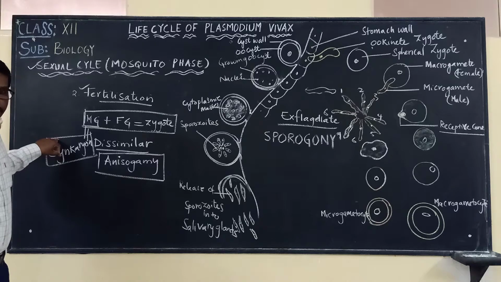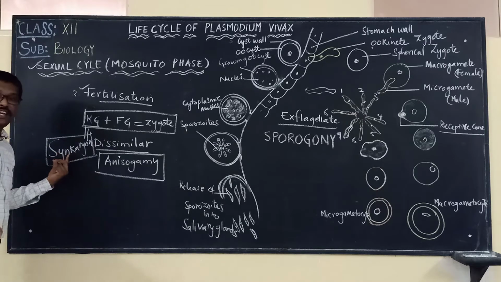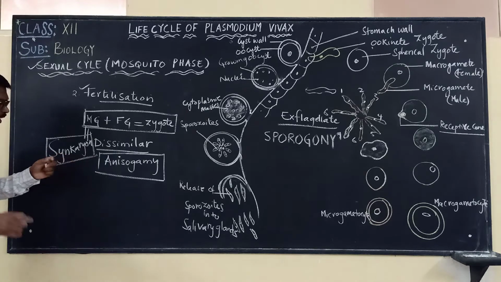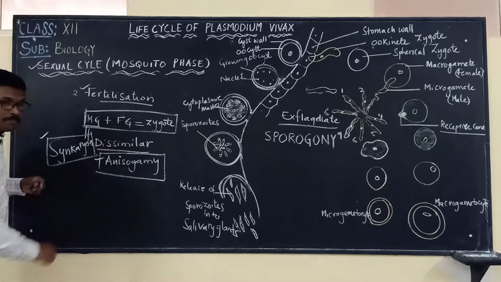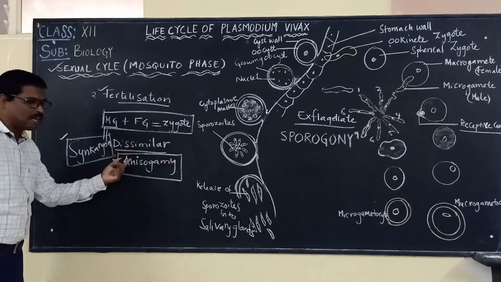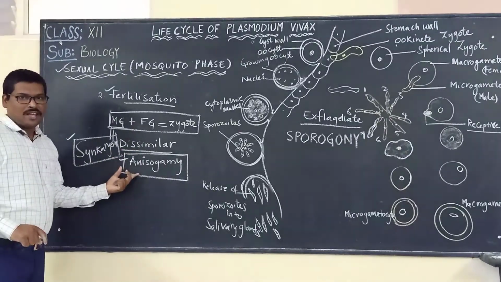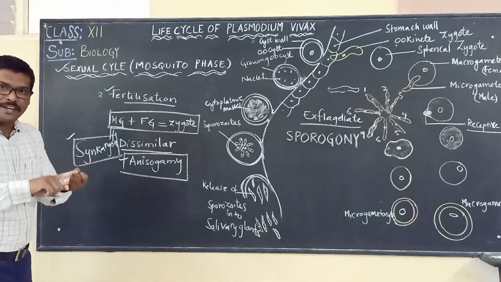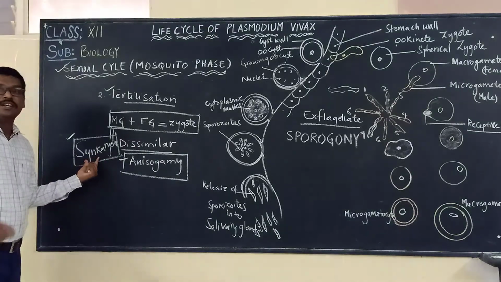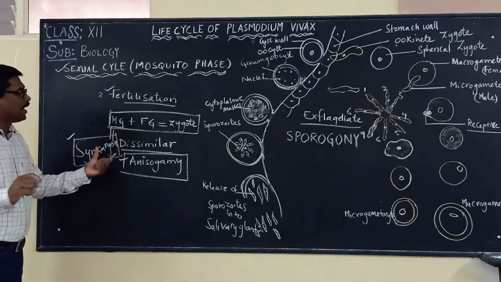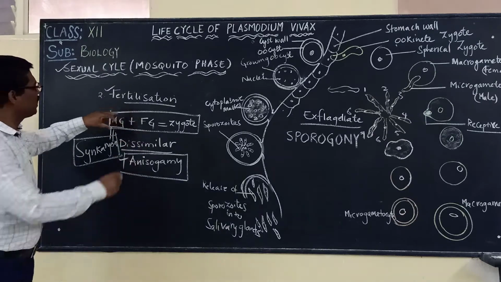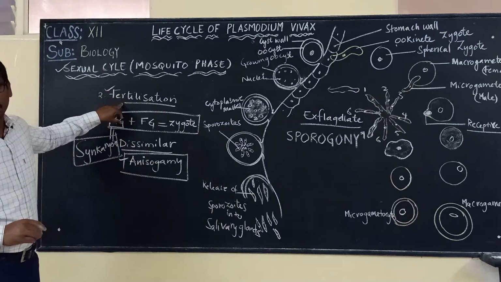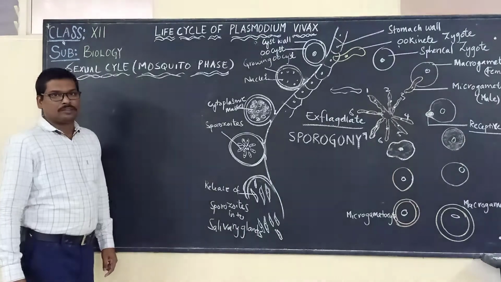Synkaryon means the fusion of pronucleus and cytoplasm. So here we have two points to remember: the gametes are dissimilar, which is anisogamy, and the fusion of pronucleus and cytoplasm, which forms the synkaryon. These are the points to keep in mind when we talk about fertilization.